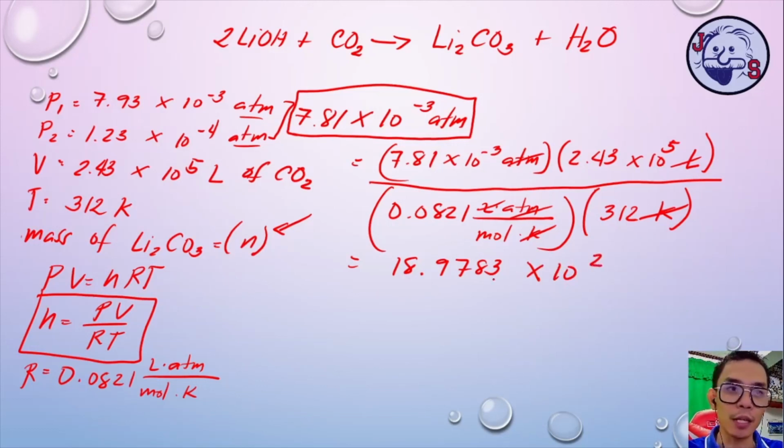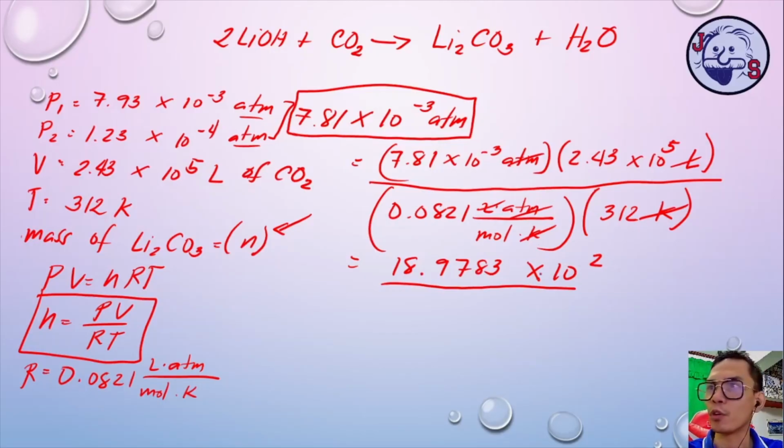As you can see, I did not arrange the scientific notation properly because I am not yet done with the computation, so it will be automatically arranged properly. So that will be 18.9783 times 10 to the 2.